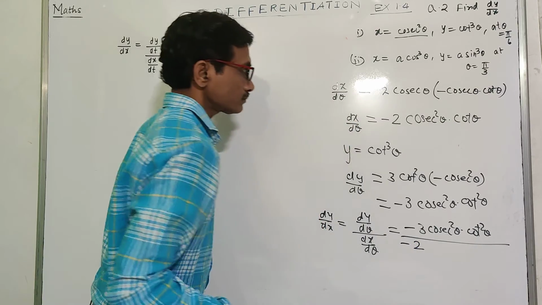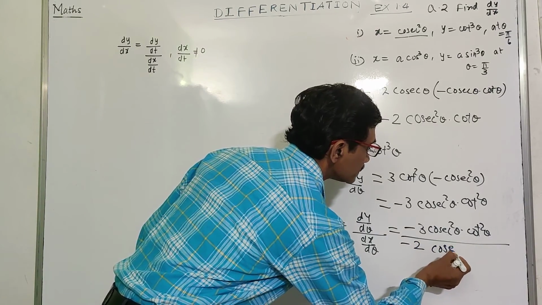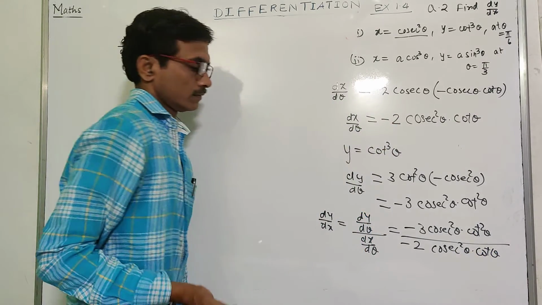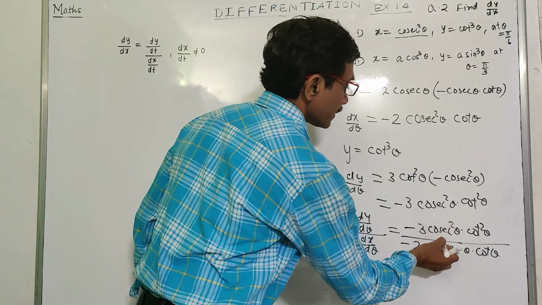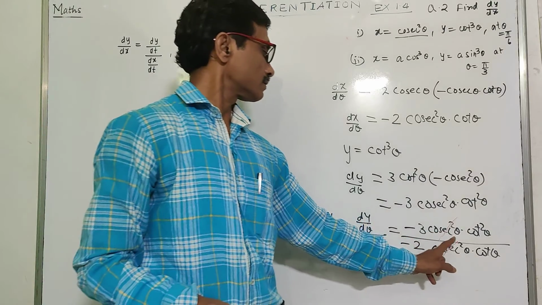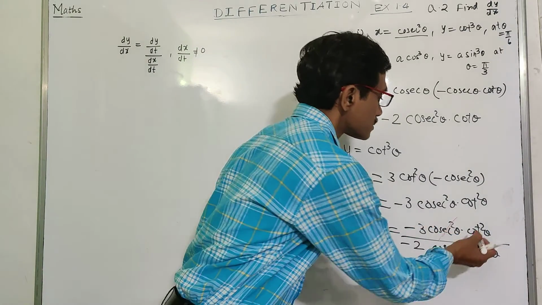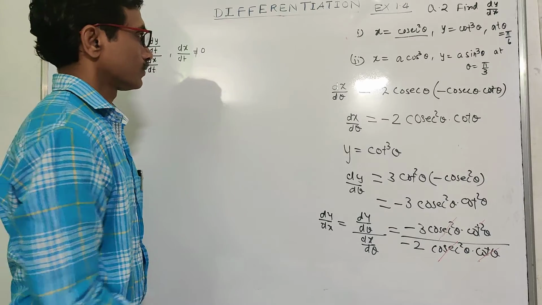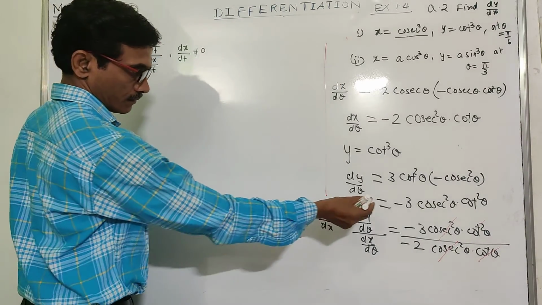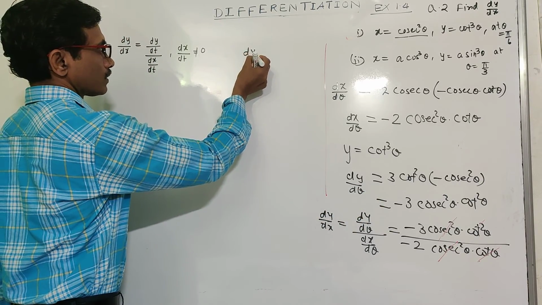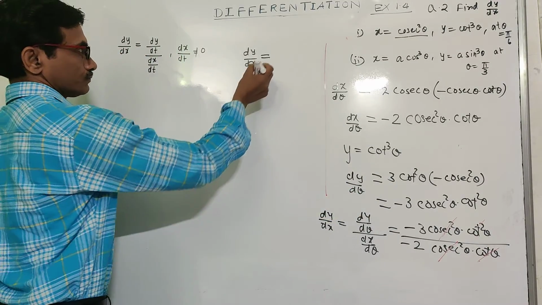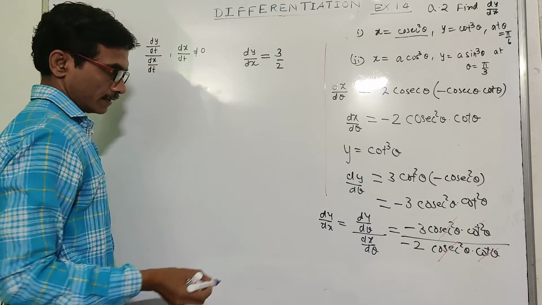The cosec square theta is getting cancelled, the minus sign will get cancelled, and one cot theta is getting cancelled again. So what is left here? dy by dx is equal to 3 by 2 and cot theta.